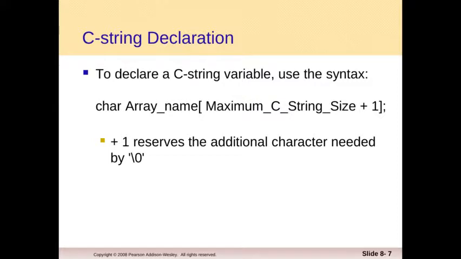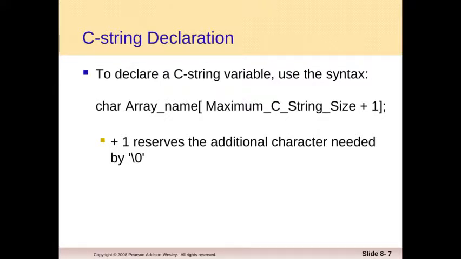Okay, so the general pattern for declaring a C string is to have char as the data type, then the name of the string, then the declared size, but you have to keep in mind that one of those is used up for the string end symbol.